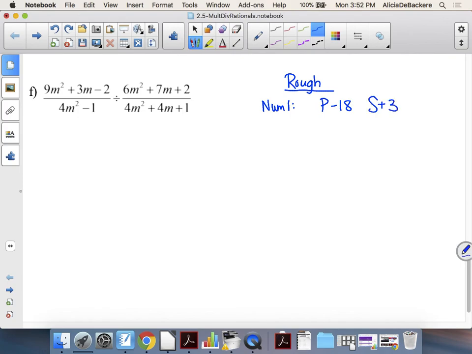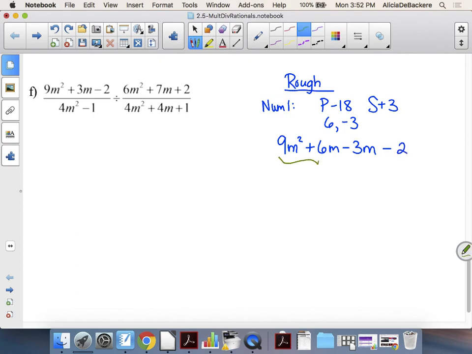I go through the different numbers, and I notice that 6 times negative 3 will give me negative 18, and 6 plus negative 3 will give me a sum of 3. So I can take 9m squared and split the middle term, the 3m, into 6m minus 3m. And my final term, negative 2, will stay the same.